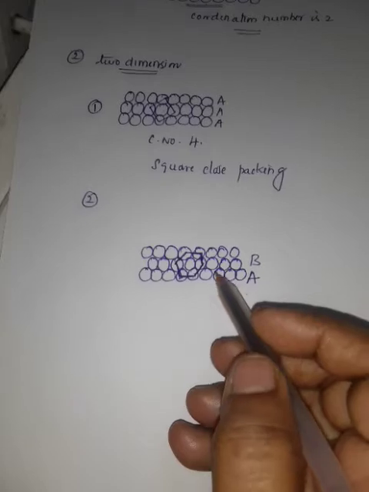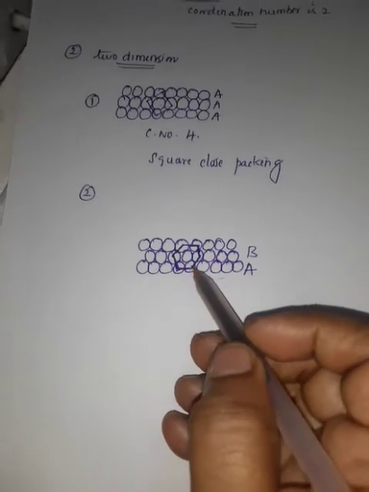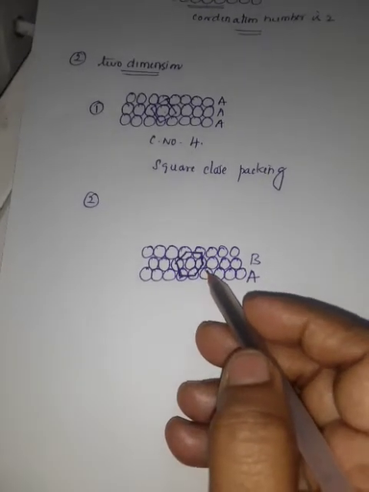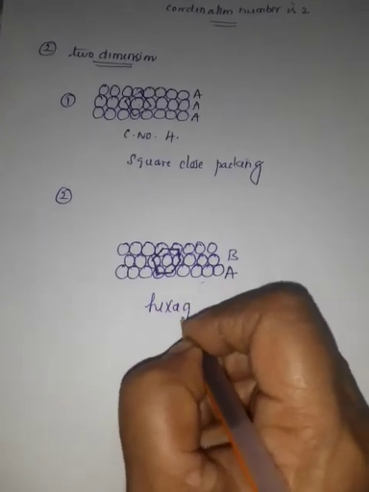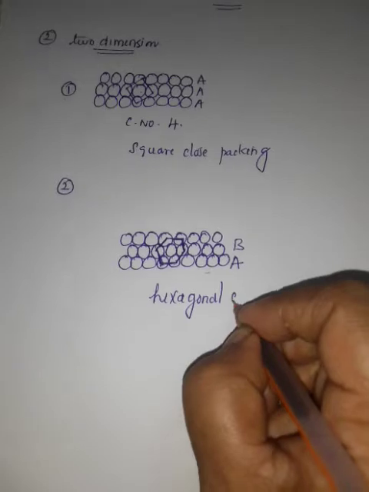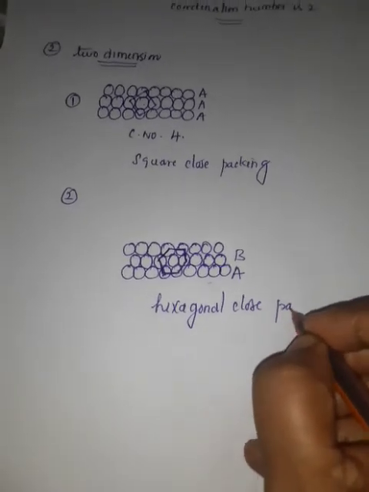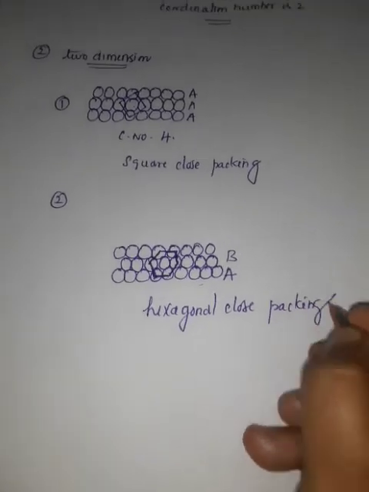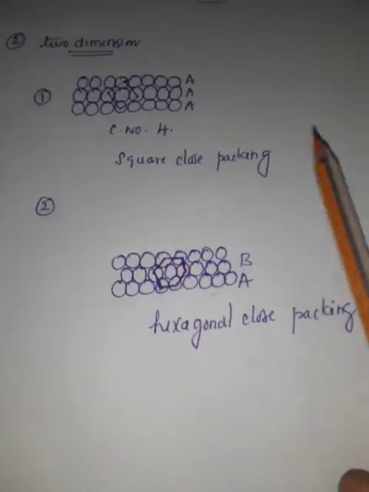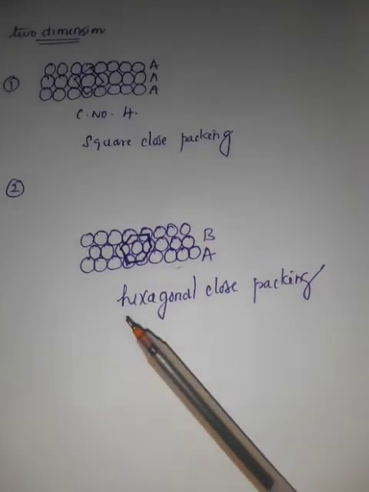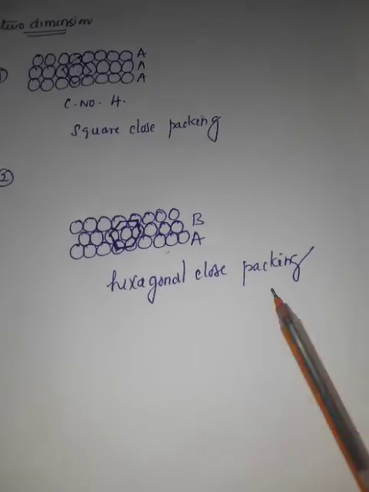If the centers of the spheres are joined, it looks like a hexagon, so it is called hexagonal close packing in 2 dimension. The first one is square close packing and this one is hexagonal close packing.